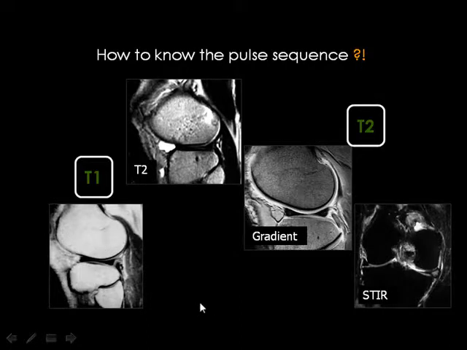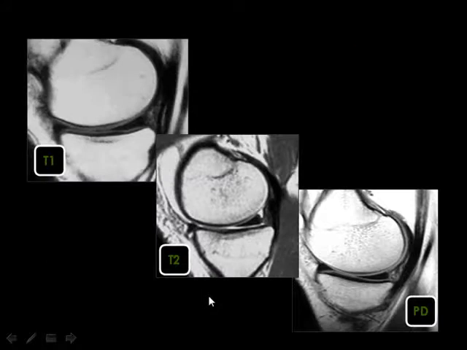Okay? Then, if you look here, you can see that the fat is bright, and this can happen in the machines with high power. You know that the power of the MRI is measured by Tesla, and the low power machines are 0.2, 0.3, 0.5, 0.7 Tesla.